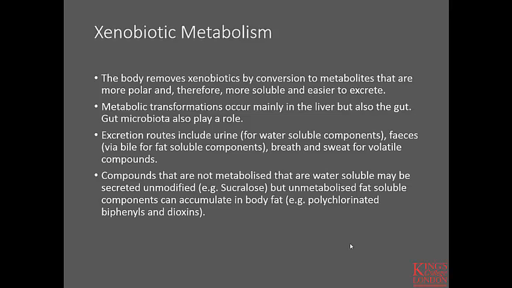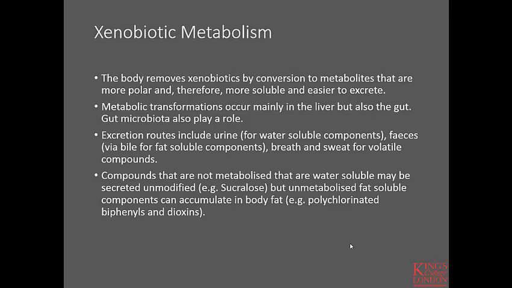Excretion routes tend to be mainly through urine, but there is also through feces, and this can be when there's interactions in the GI tract, but also through direct delivery of these xenobiotics back into the gut lumen via the bile or pancreatic secretions. Breath and sweat for volatile compounds is also a means of elimination of xenobiotic when it's been metabolized.